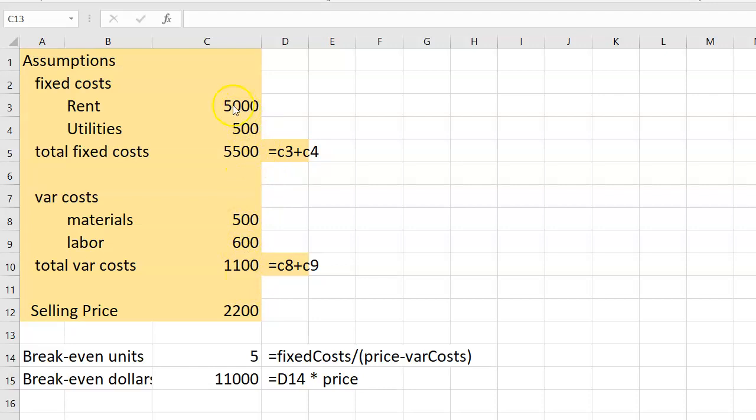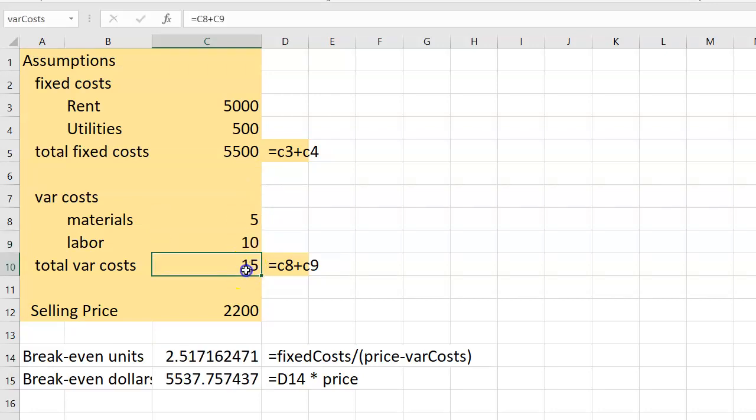if I go back to what I had before, what did I have before? Something like $5 and $10, and I sold them for $25. Oh, sorry, don't want to do that. 25 goes here.